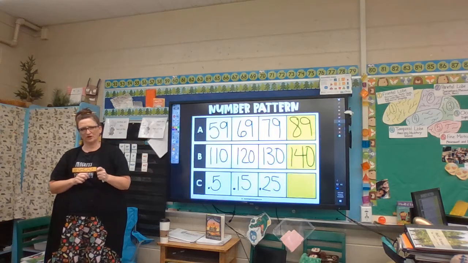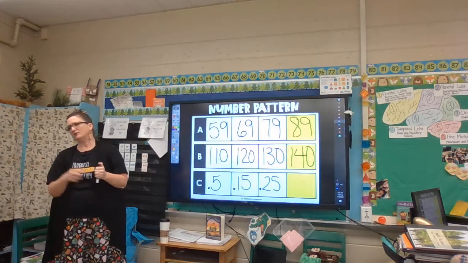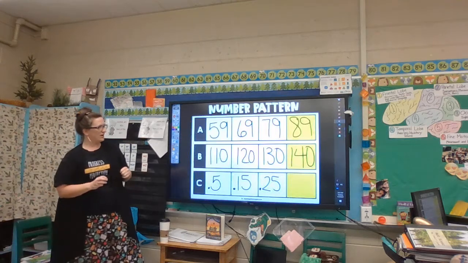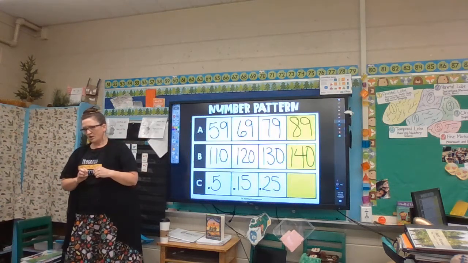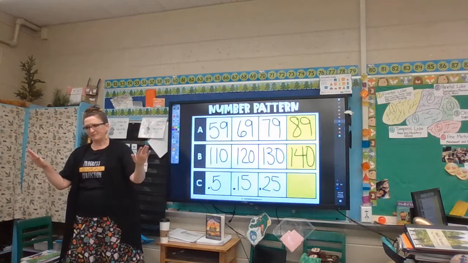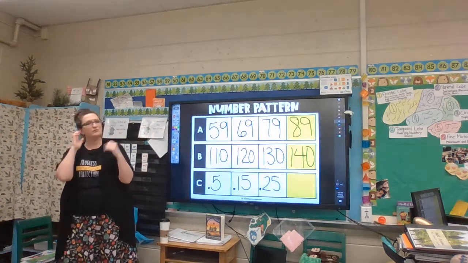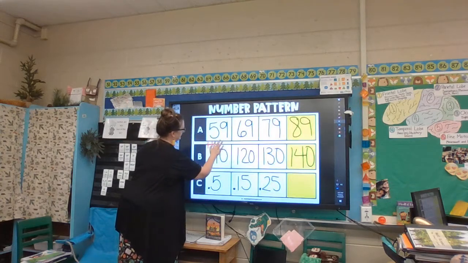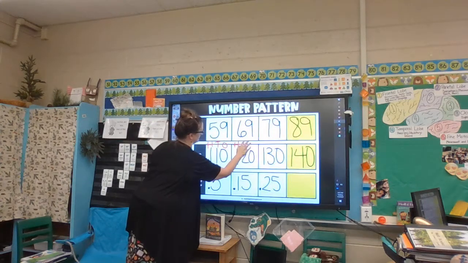Do we agree or disagree with Samuel? Disagree. Why do you disagree, Nikolai? What are we counting by? It's counting by 5. Oh, it's counting by 10. It's counting by tens. How do you know, Hadley, that it's counting by tens? Because you have 10, 20, 30, 40, and then you would say 50.